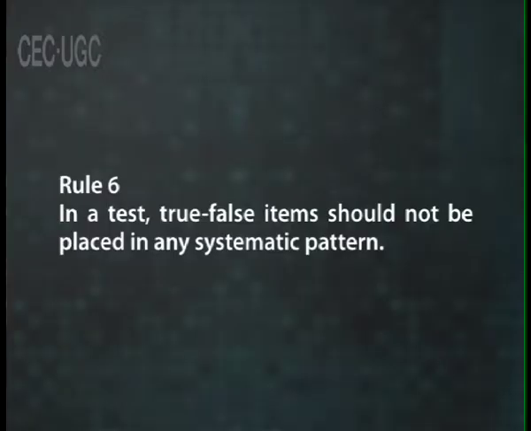However, special care should be taken so that the percentage of true items and false items are not exactly the same. According to educational experts, the best way is to keep the percentage varying between 40% and 60%. Rule 6. In a test, true-false items should not be placed in any systematic pattern.